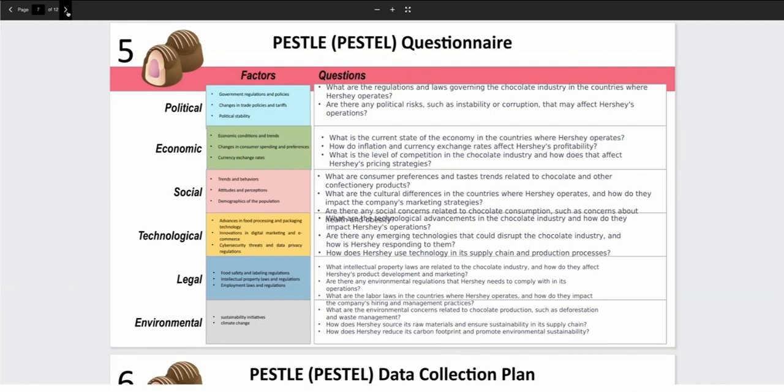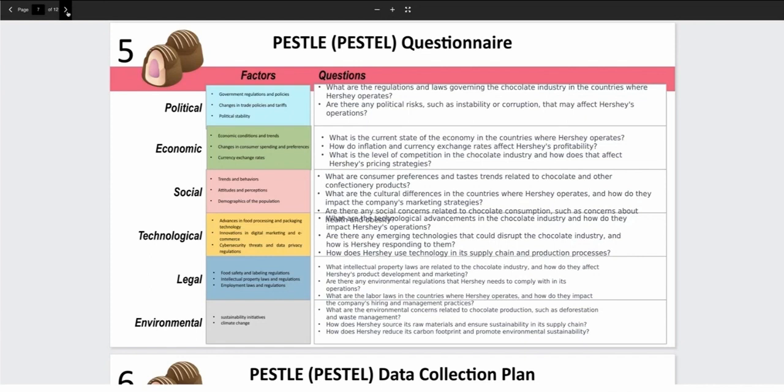So your questions for the political branch will be, for the example that I'm giving you, and it may not be the case for your example or any other business: what are the regulations and laws governing the chocolate industry in the countries where Hershey operates? Because as I told you, we are talking about the Hershey business here. And another question is, are there any political risks, such as instability or corruption, that may affect Hershey's operations?